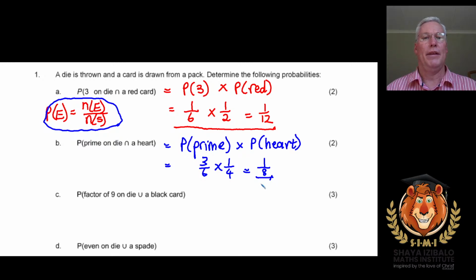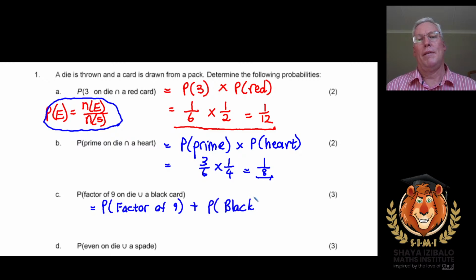Okay, right. Now, this is OR, and this is the formula that we get provided. The probability of a factor of 9 or a black card will be the probability of a factor of 9 plus the probability of a black card minus the probability of a factor of 9 and a black card.